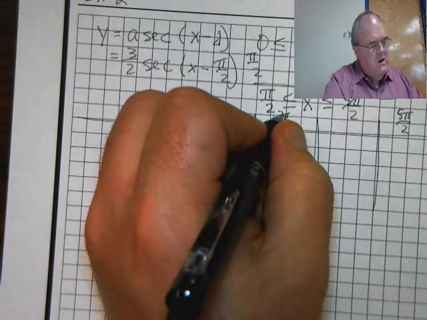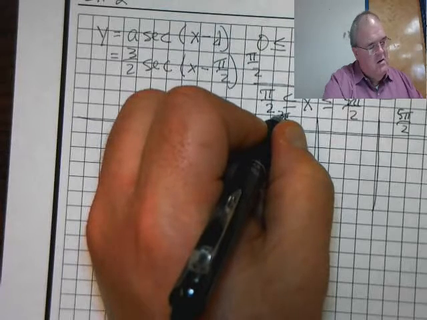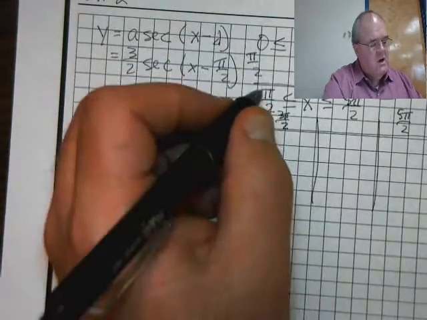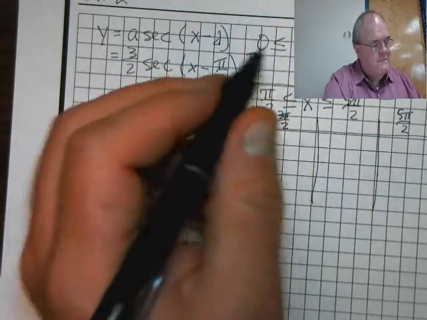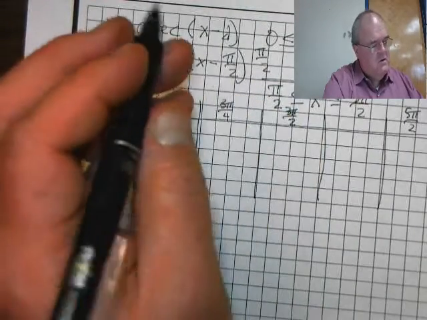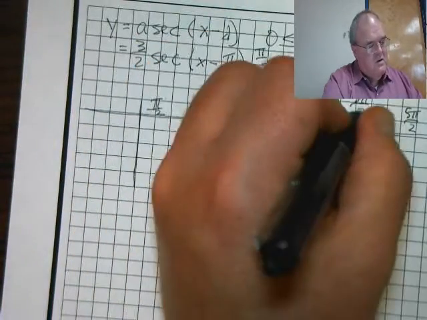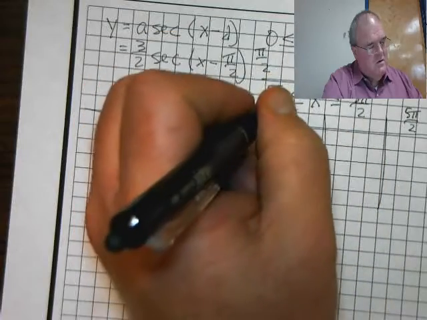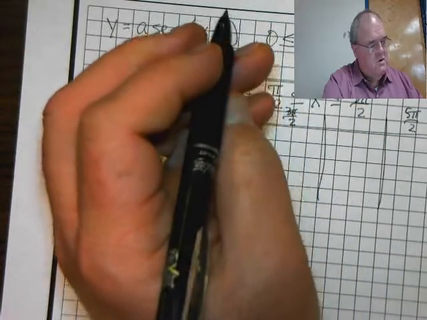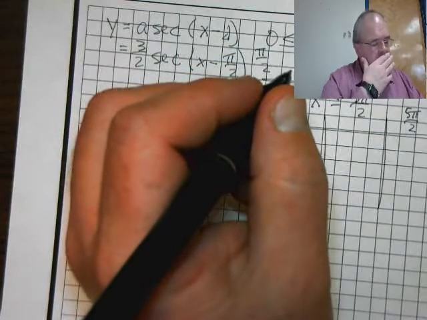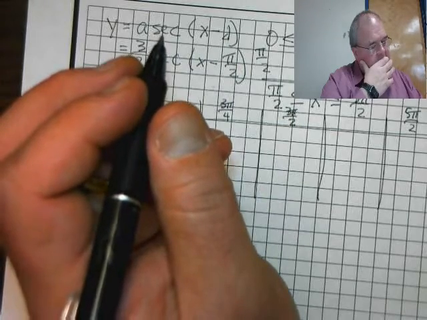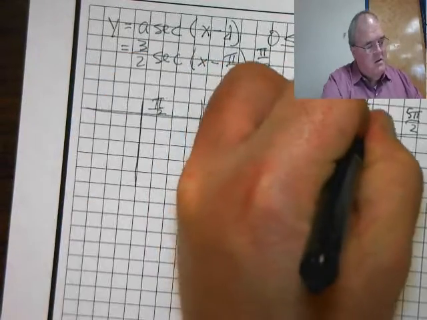And halfway between 3 pi over 2 and 5 pi over 2 is going to be 2 pi.